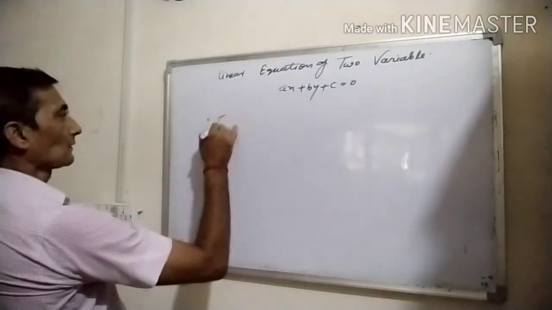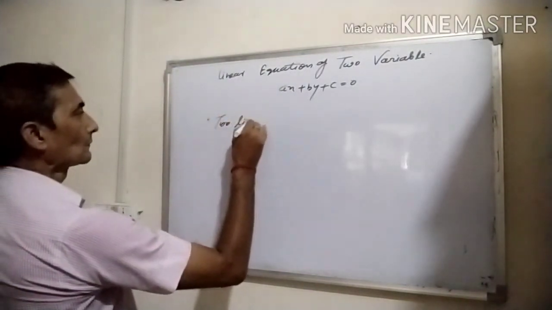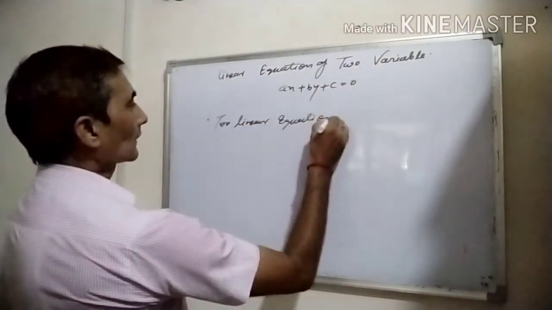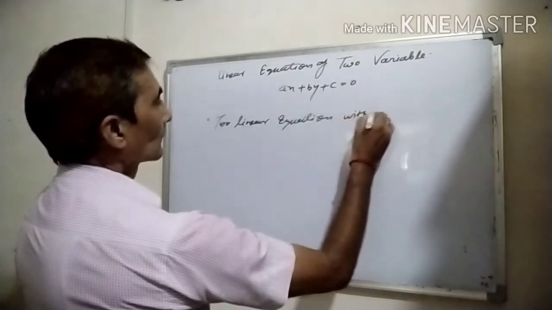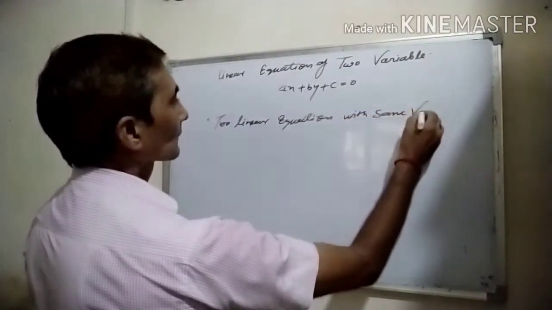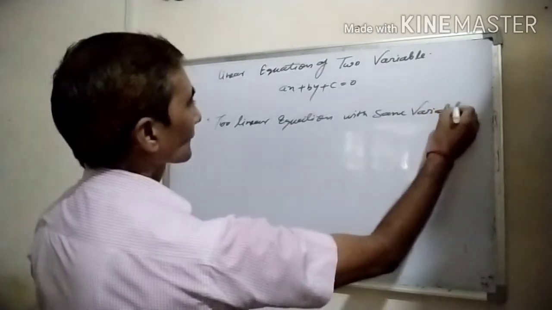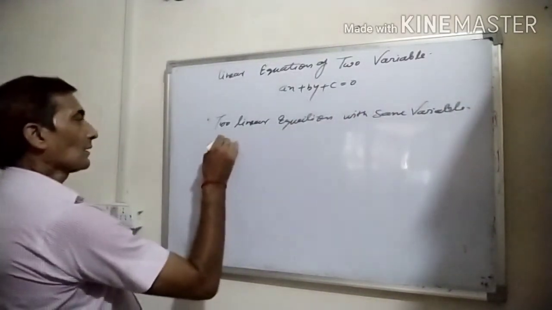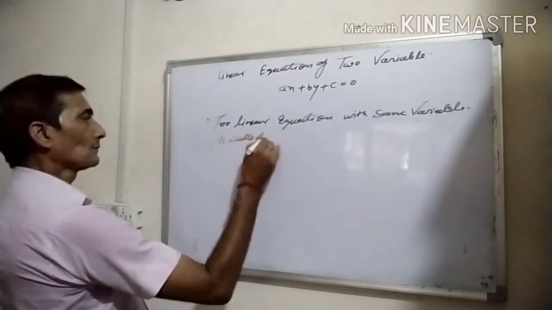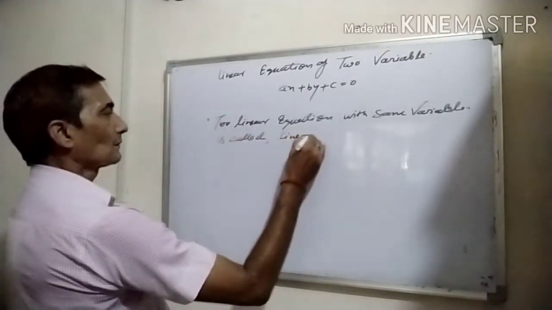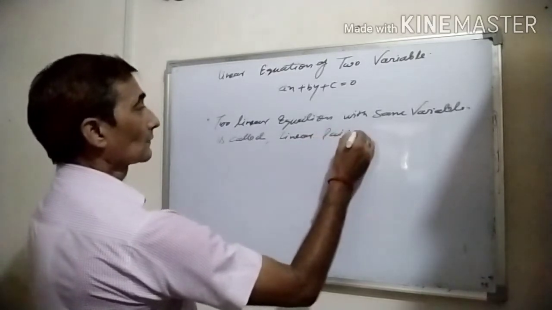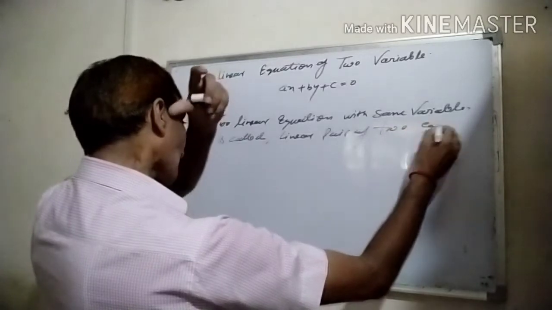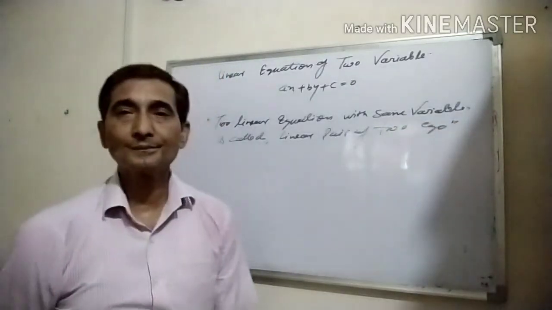Two linear equations with the same variable are called a linear pair of two equations. This is the definition.